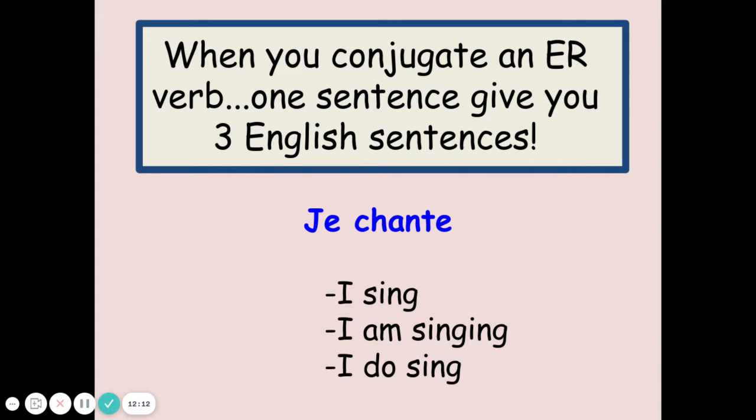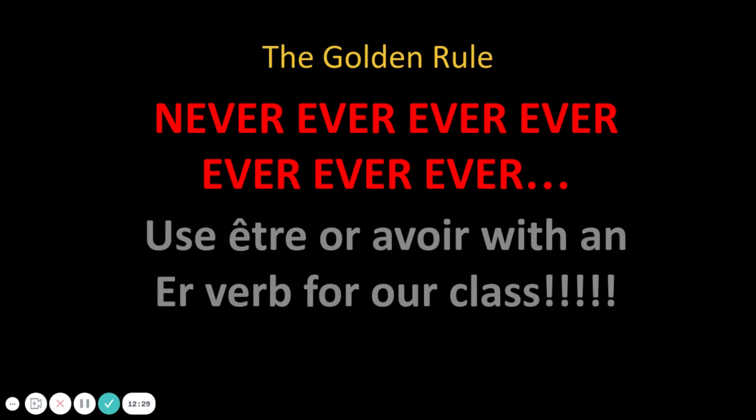Stop and think and go, what's my person? Then write that down, je. What's that person doing? Singing? That's the word you need. So then you use chanter. Take off the ER, add your ending. That's all. Two steps.